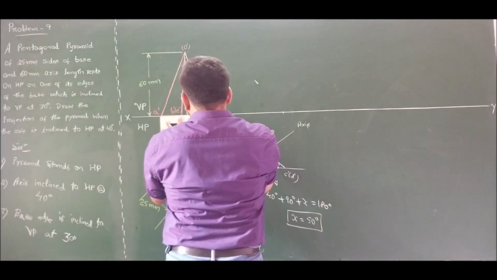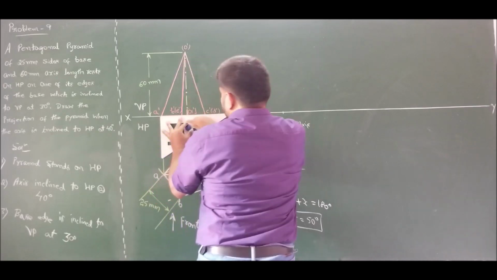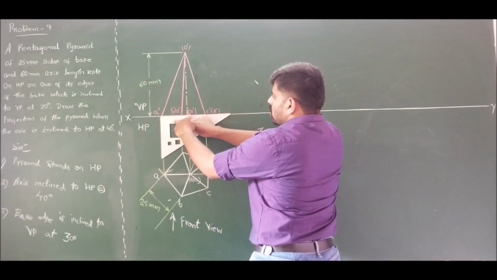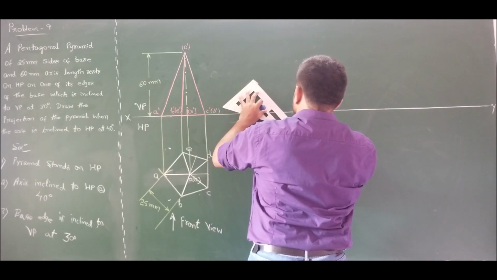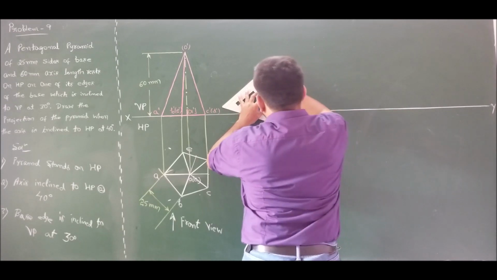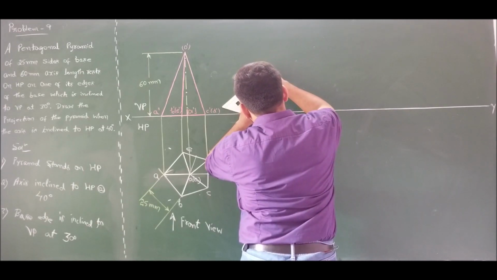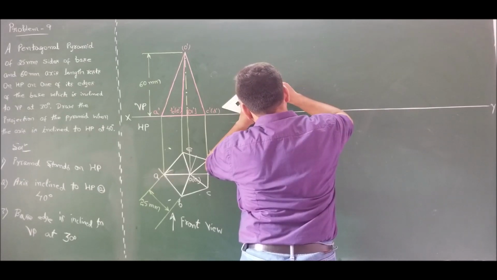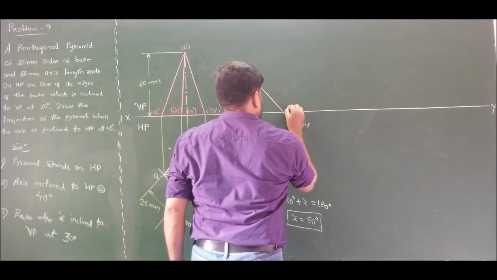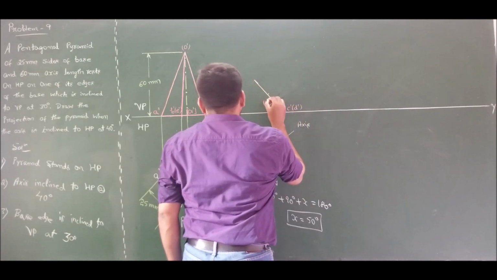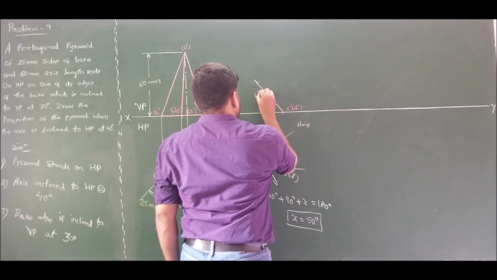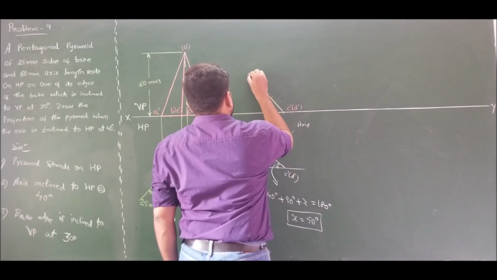Measure the base length and also note down the corners O1 prime, E prime and B prime. I have transformed C prime, D prime, O1 prime, B prime, E prime and also A prime.